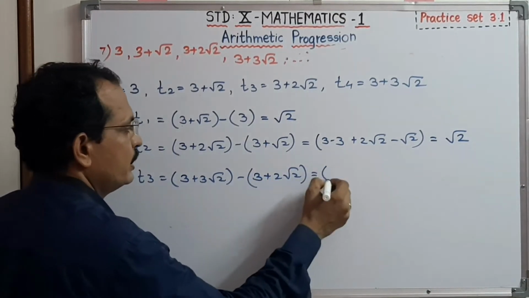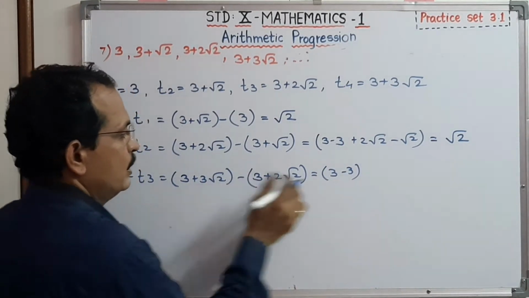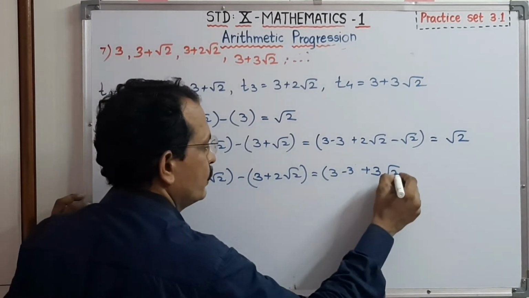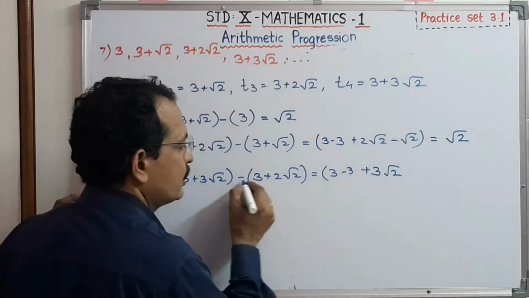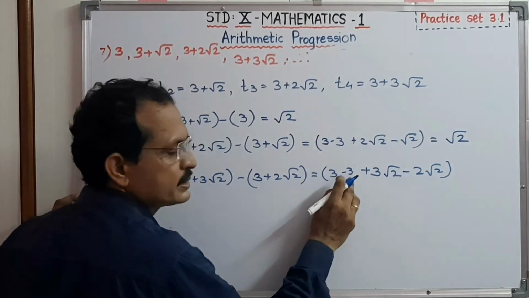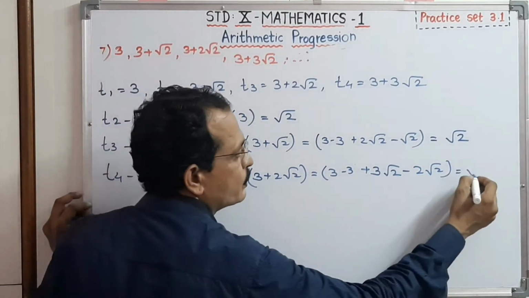Now see, here it is 3 minus 3 plus 3 root 2, this plus will become minus 2 root 2. Now 3 minus 3 is 0, and 3 root 2 minus 2 root 2 is root 2.